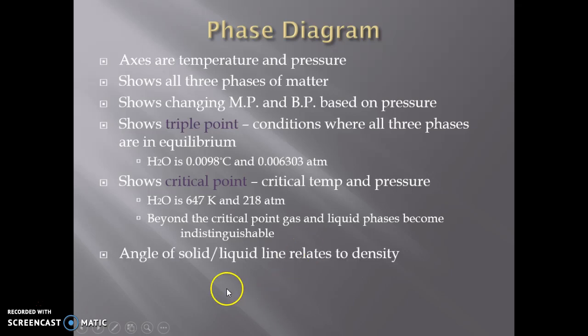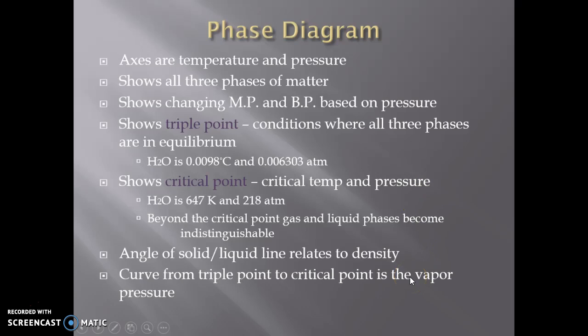A couple of other things. The angle of the line between the solid and liquid phase gives you the relationship between density. For example, the line for water starts off at the triple point, and then it moves back as you increase the pressure.